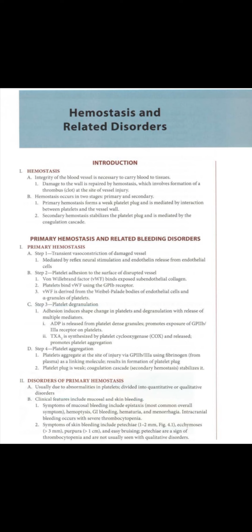Immune thrombocytopenic purpura. Autoimmune production of IgG against platelet antigen. Most common cause of thrombocytopenia in children and adults. Autoantibodies are produced by plasma cells in the spleen.